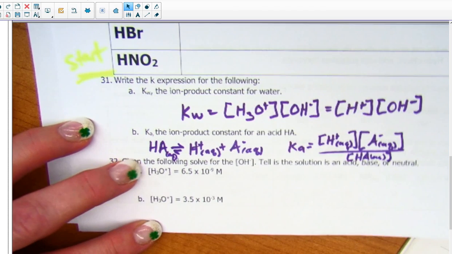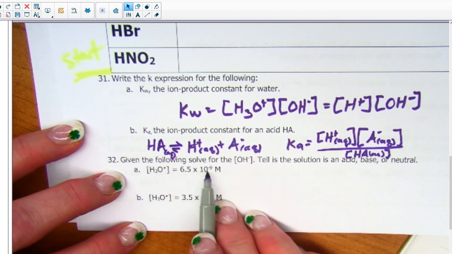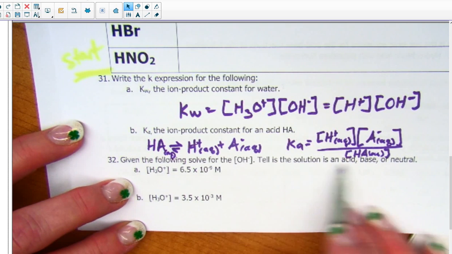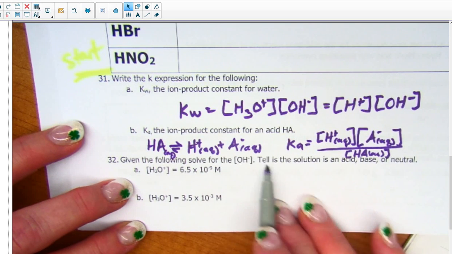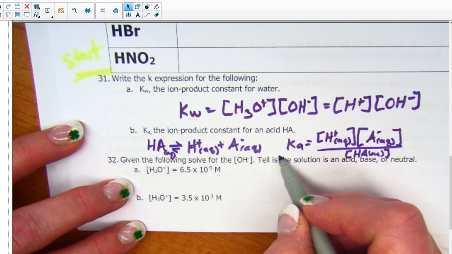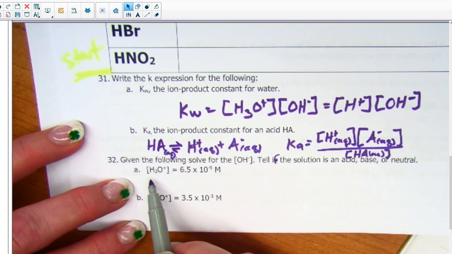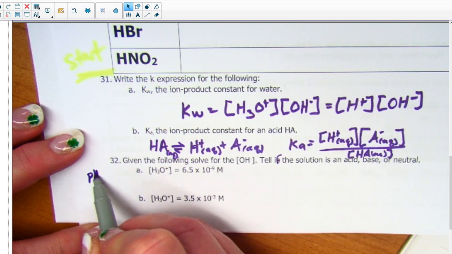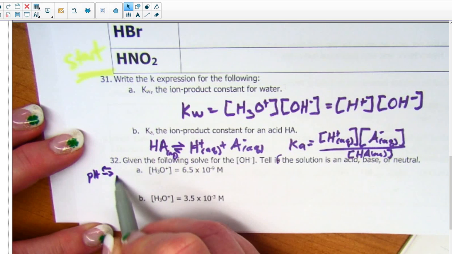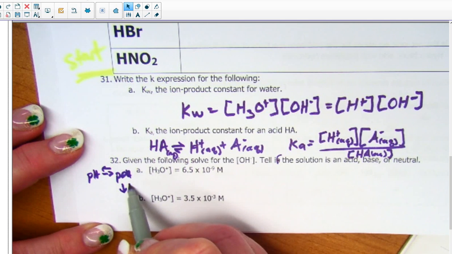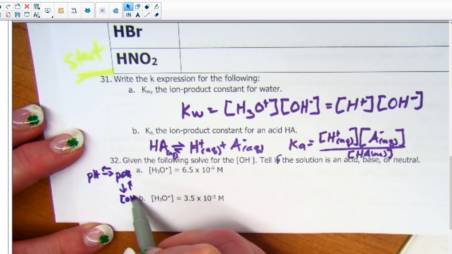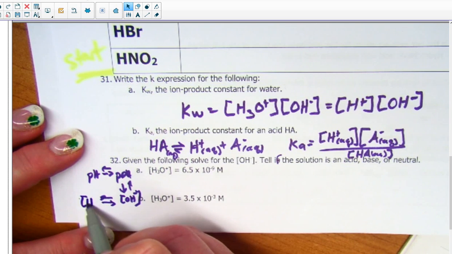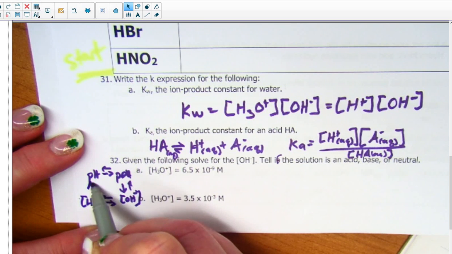And we're done. All right, the next one is solve for the OH- concentration and tell if the solution is acid, base, or neutral. So here, remember that we had the block where pH goes back and forth to pOH, goes down or up to the concentration of hydroxide on this side, goes over and back to the concentration of H3O+, and up and down to that.